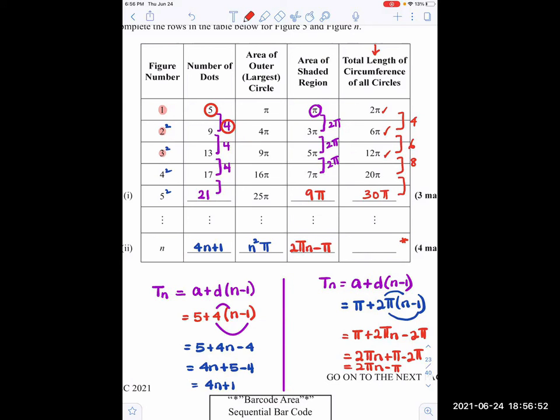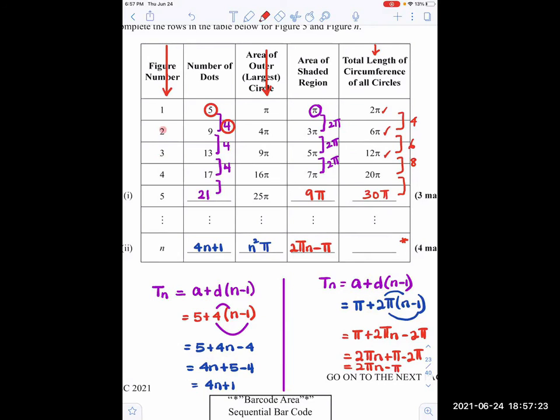Look at this column, look at this column, and look at this column, and see if you could figure it out. Look at the numbers. N plus N squared pi. But why? Tell me in terms of the numbers. Because 1 plus 1 pi is 2 pi.